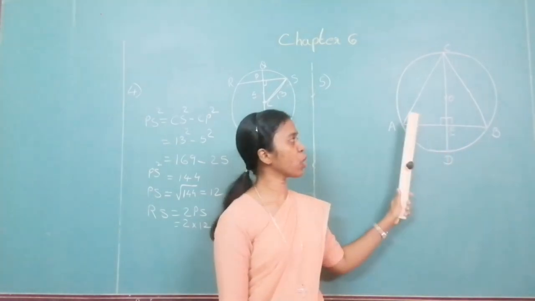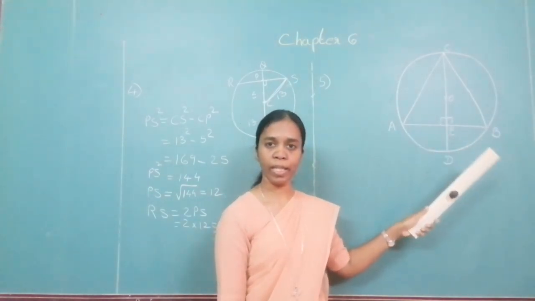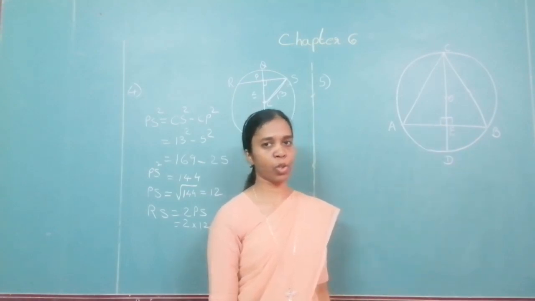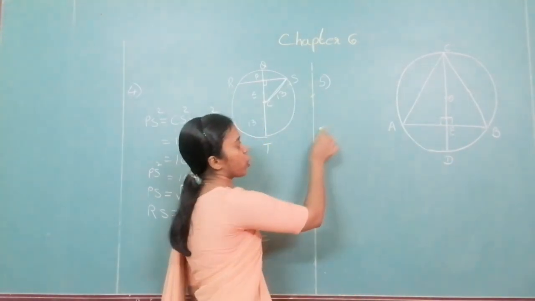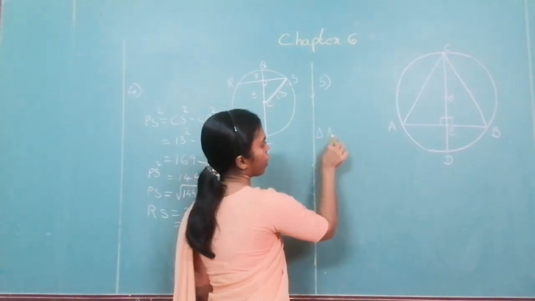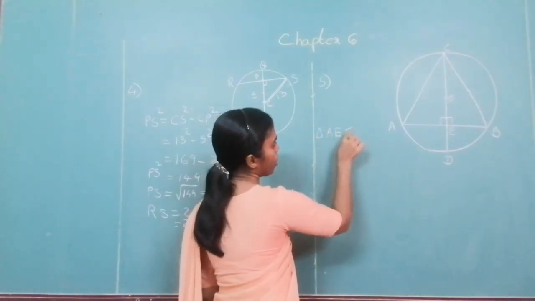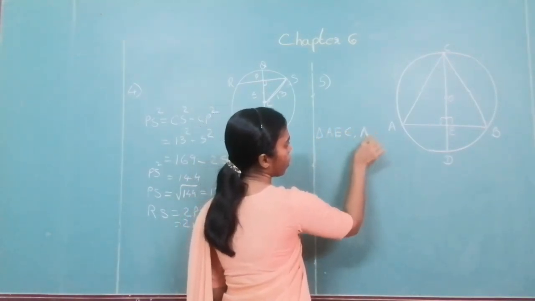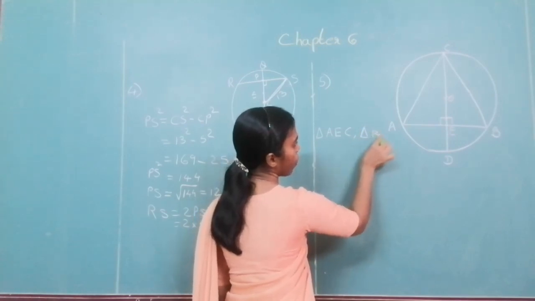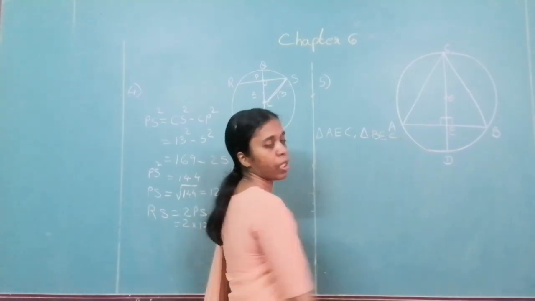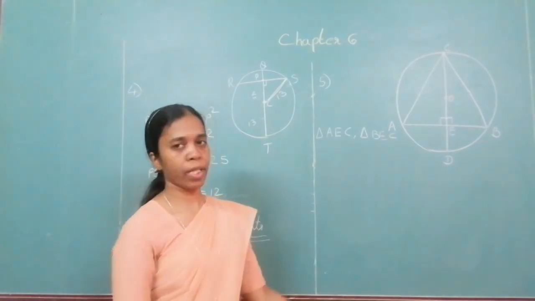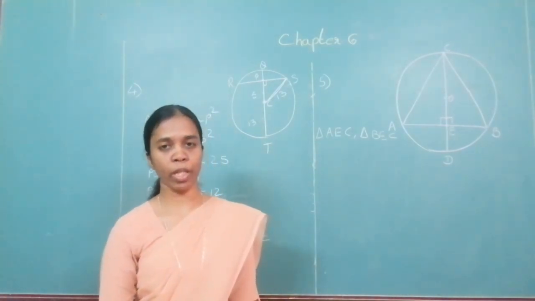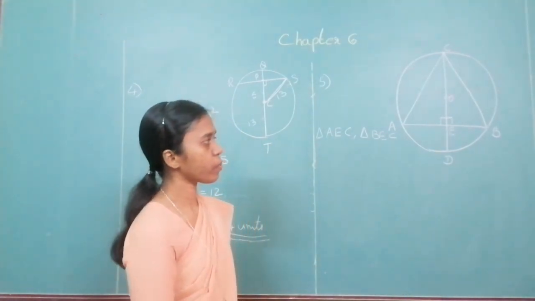If these two triangles are congruent, then the corresponding sides are also congruent. So can you show that triangle AEC and triangle BEC are congruent? Check and see whether you can show these two triangles are congruent.